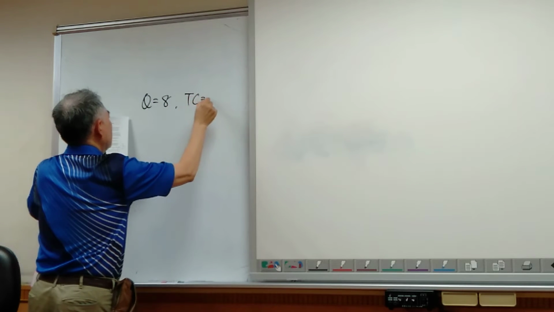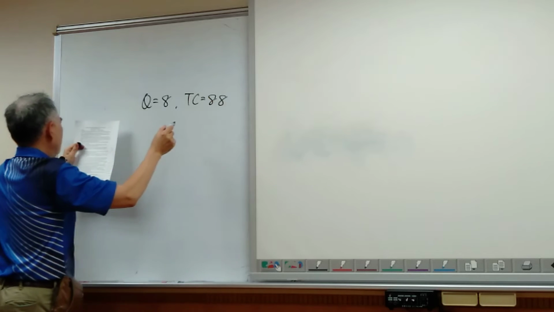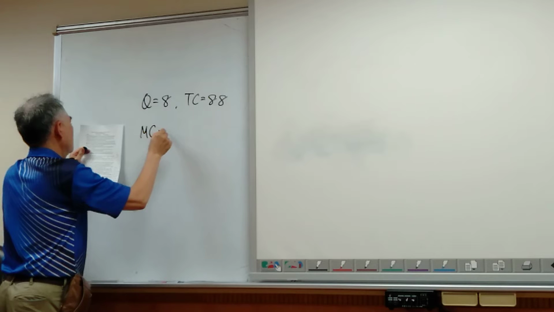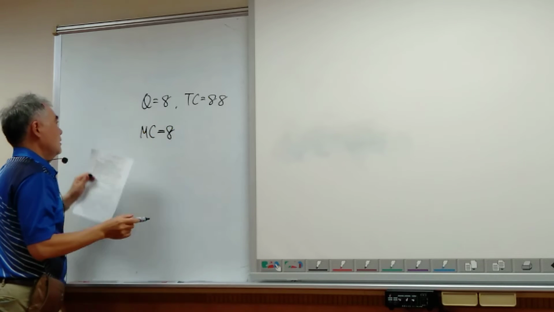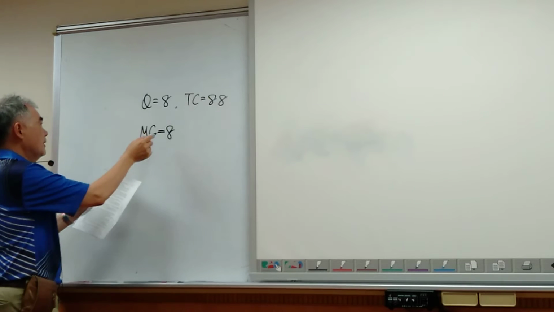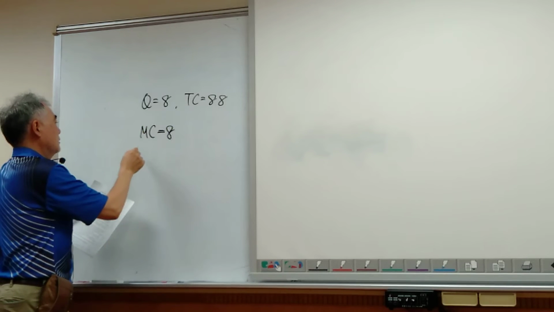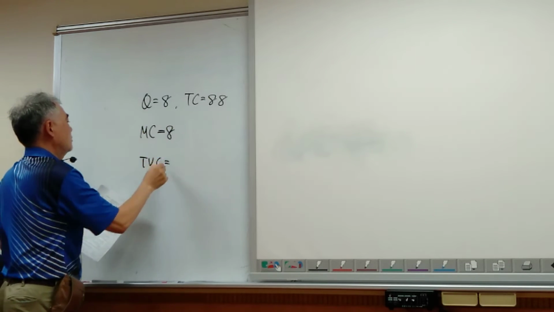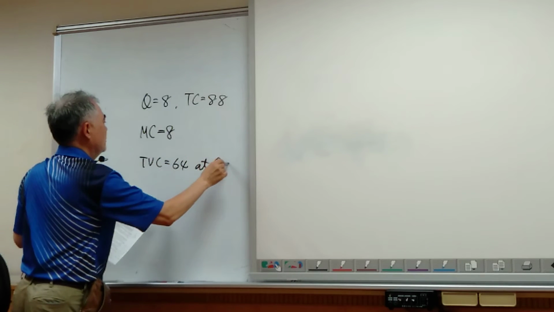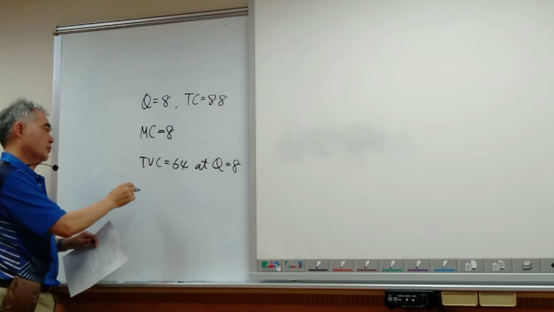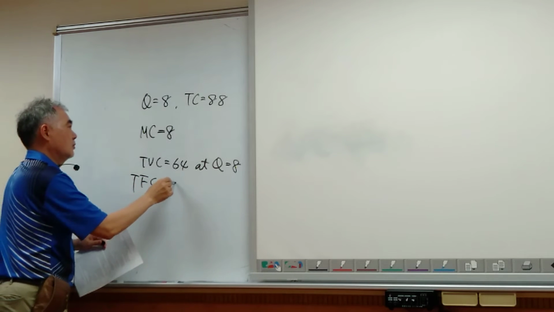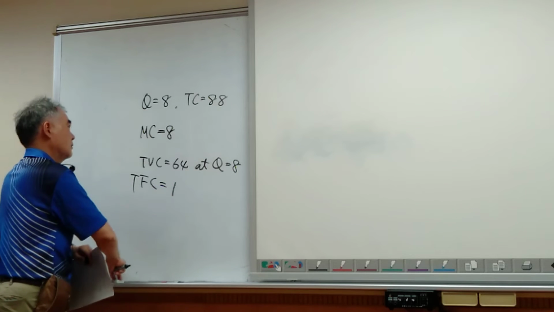Total cost is equal to 88. And MC is constant and is equal to 8. Because of this information, we know that the total variable cost is equal to 64 at Q equals 8, right? So then what do we have? Total fixed cost would be equal to 24, right?